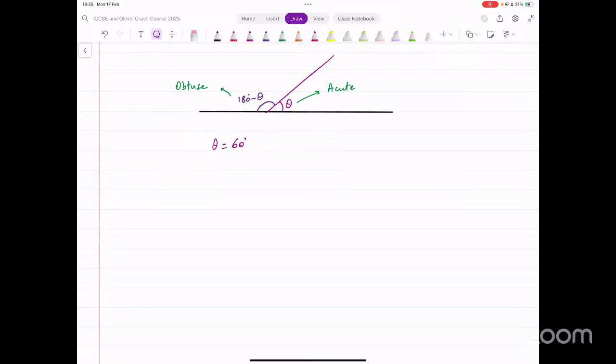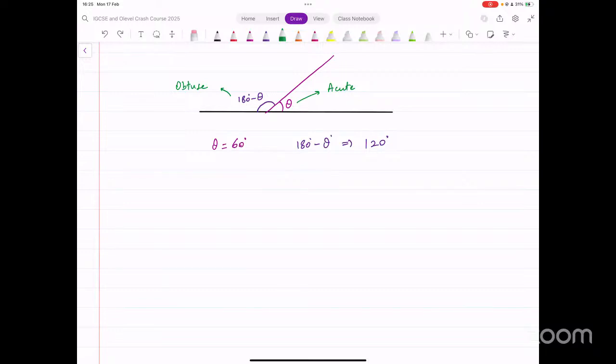Now, if theta is 60, what about this 180 minus theta angle? That would result in 120 degrees. So if one angle is 60 and the other is 120, this is the acute angle and the corresponding obtuse angle for that would be 120 degrees.